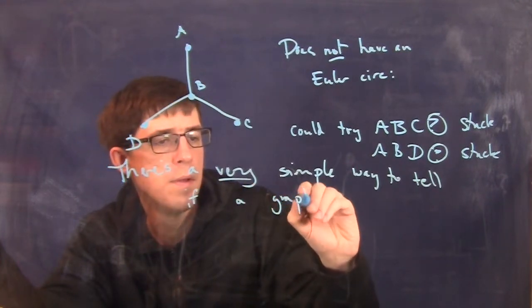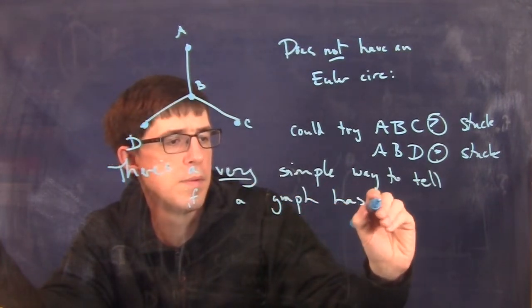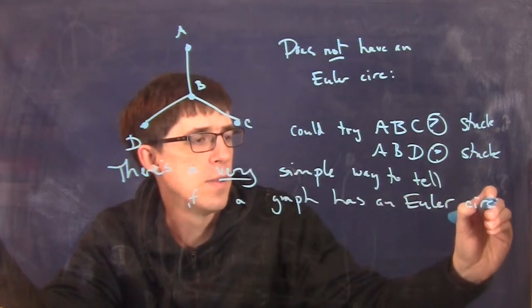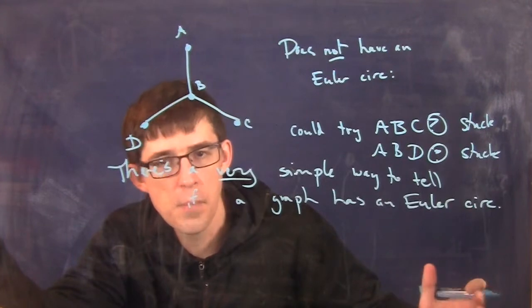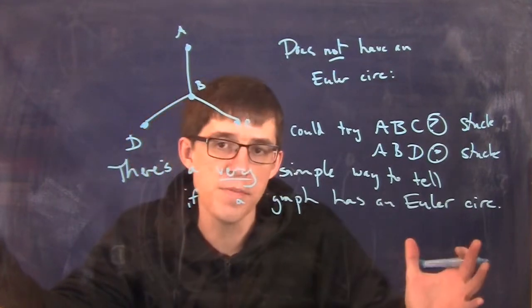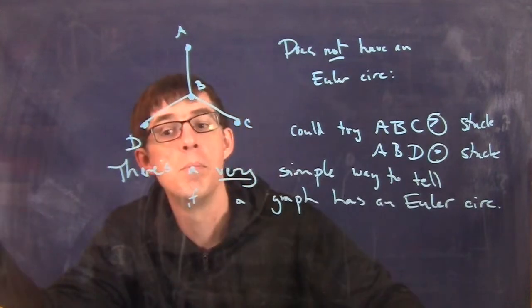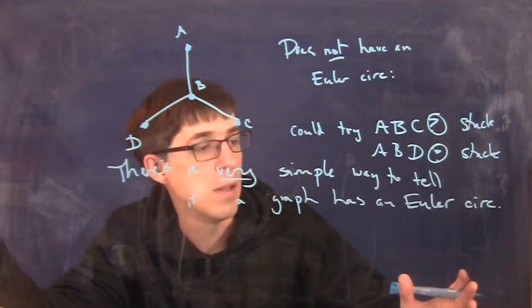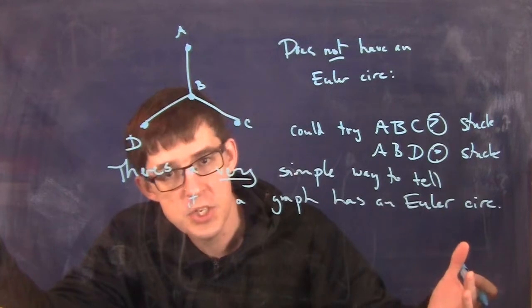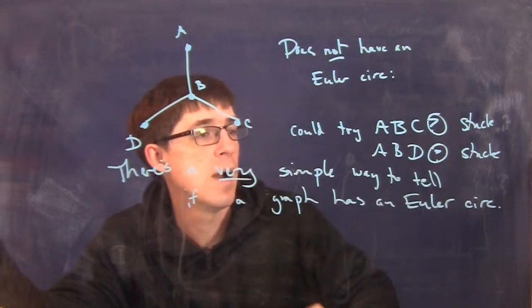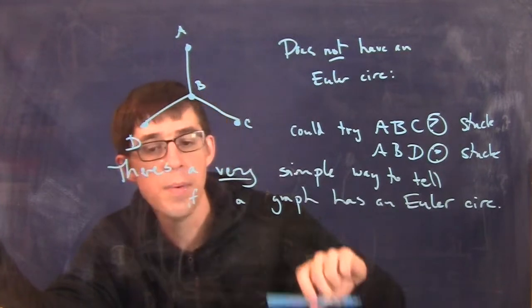And if you know this trick, you will be able to tell more or less immediately. If I show you a graph, within 5 seconds of looking, you have to know what to look for, but you will be able to tell. There's no calculations that you have to do or anything fancy like that. It's very obvious.